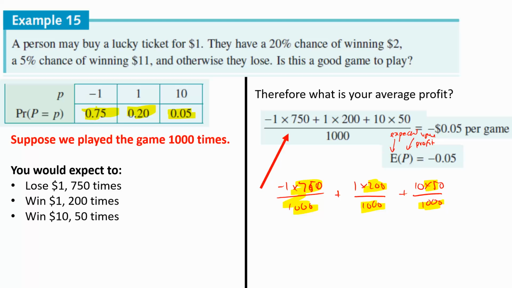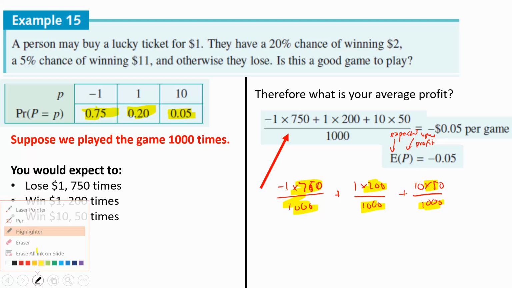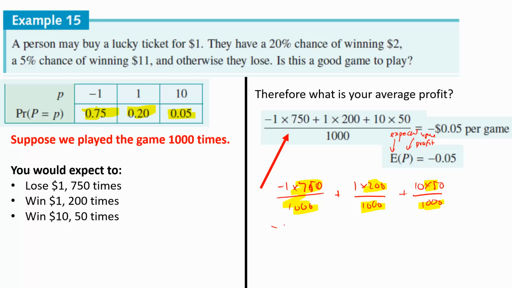So what I am trying to say here is I can rewrite this equation as negative 1 times the probability of getting negative 1. Or the better notation for it is Pr(P = -1) plus profit of $1 times the probability of getting P = 1 plus 10 times the probability of P = 10.